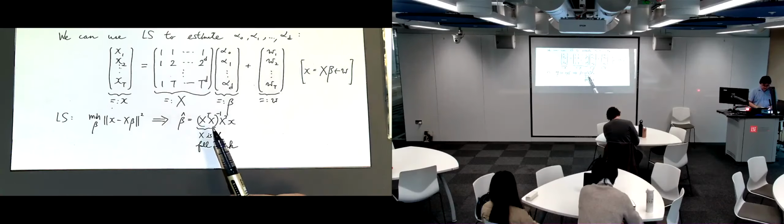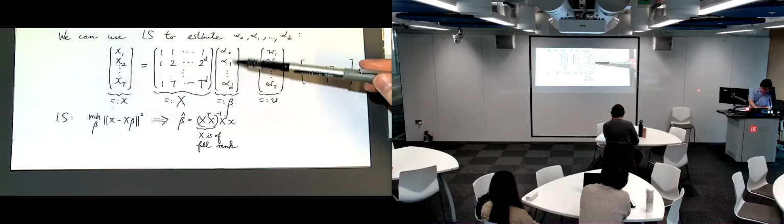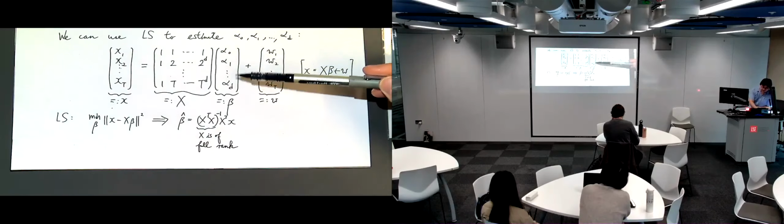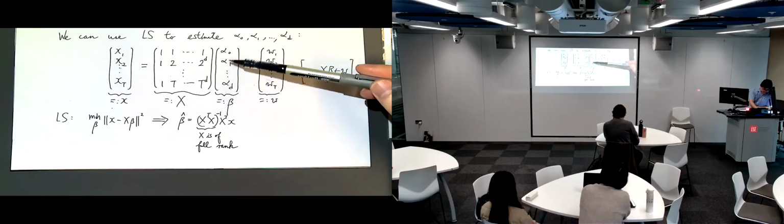There's all the chance in the world that X transpose X is not invertible. For instance, the dimension of this problem is d plus 1, since there are d plus 1 parameters here.